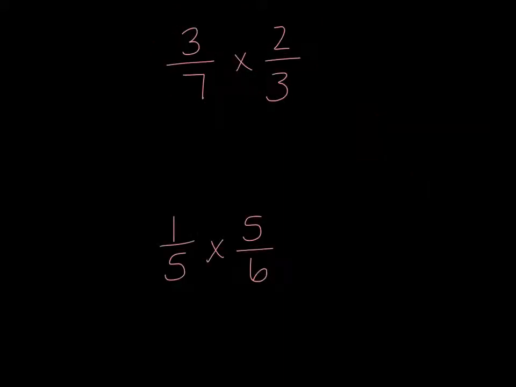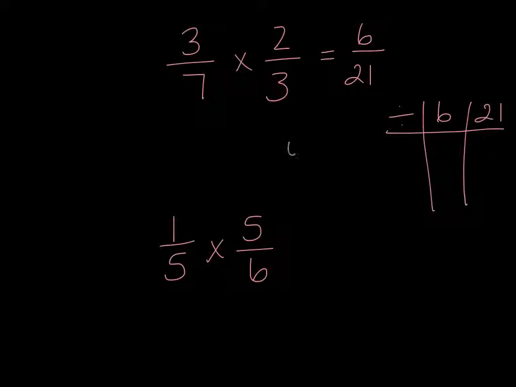Let's look at our next two examples. 3/7 times 2/3. So once again, I do not have to have the same denominator. I just go ahead and multiply across like always. 3 times 2 is 6. 7 times 3 is 21. My only step is to check that it is in the simplest form.